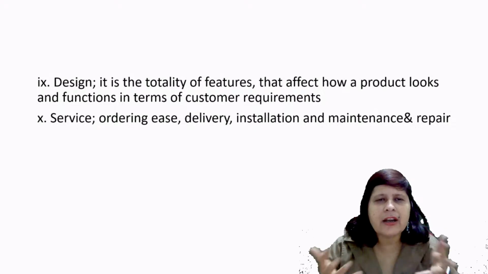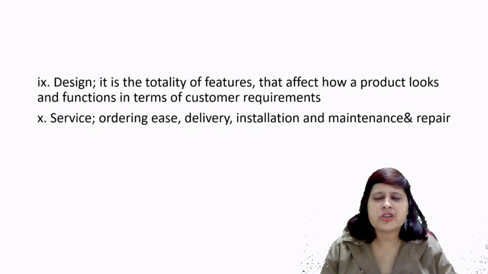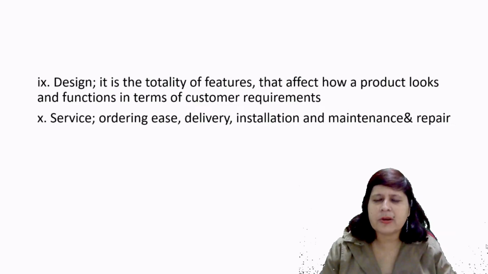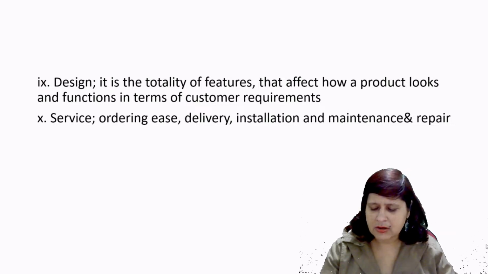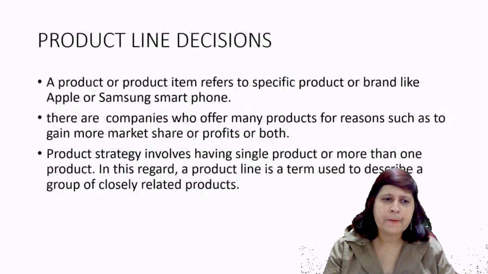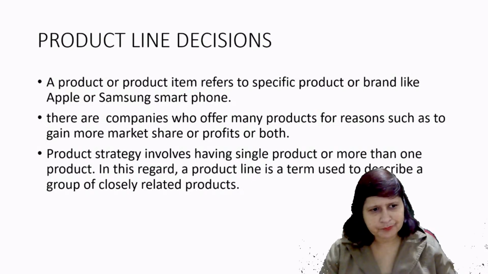It is the totality of features that affects the looks and the function, right? And the service: ordering, delivery, installation, maintenance, repair, all these are the basis. On the basis of this, you can differentiate a product, right?